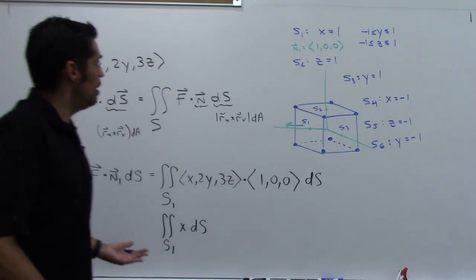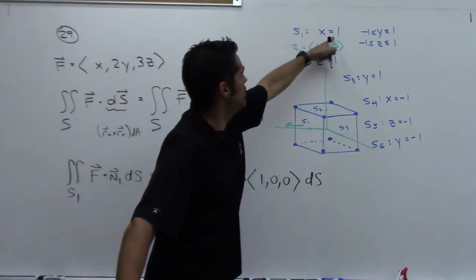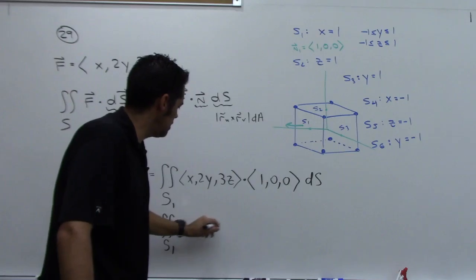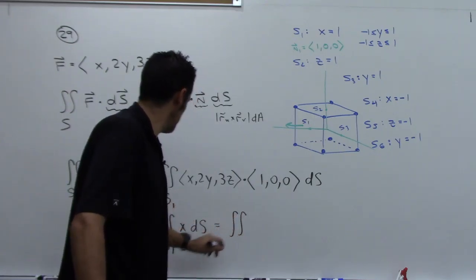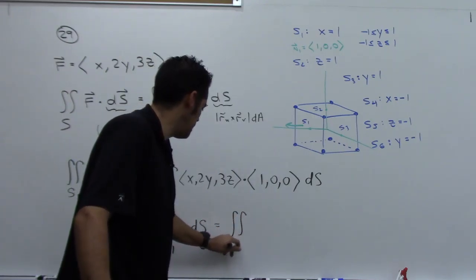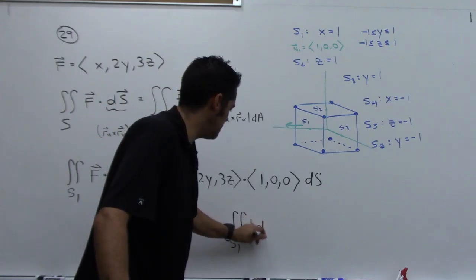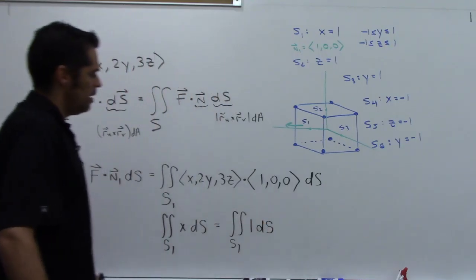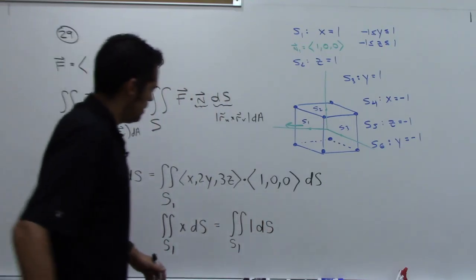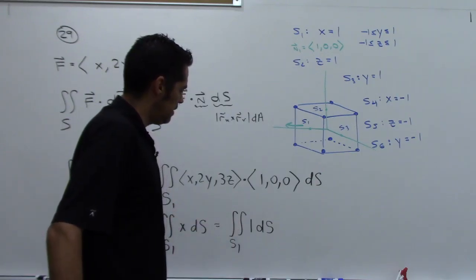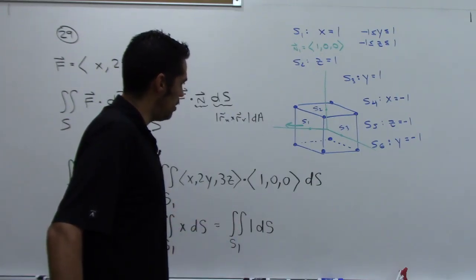But on S1, what is x? x is 1. So this is just the double integral over S1 of 1 dS. And that's just the surface area of S1.